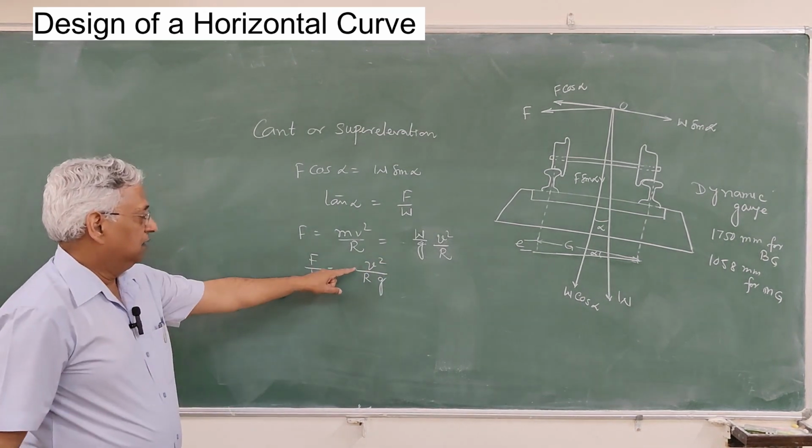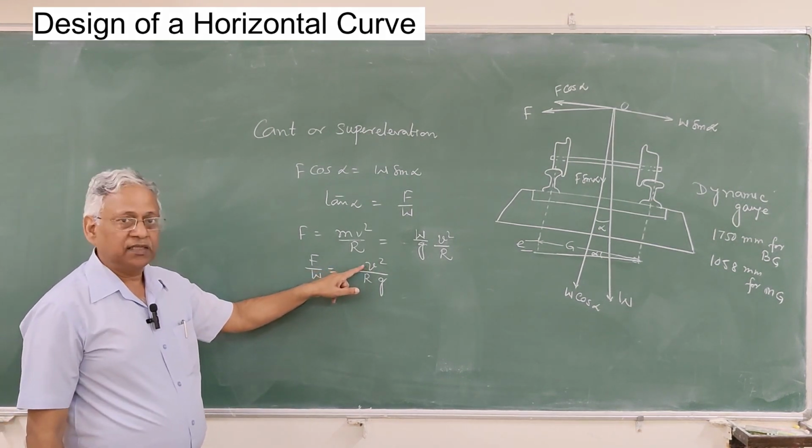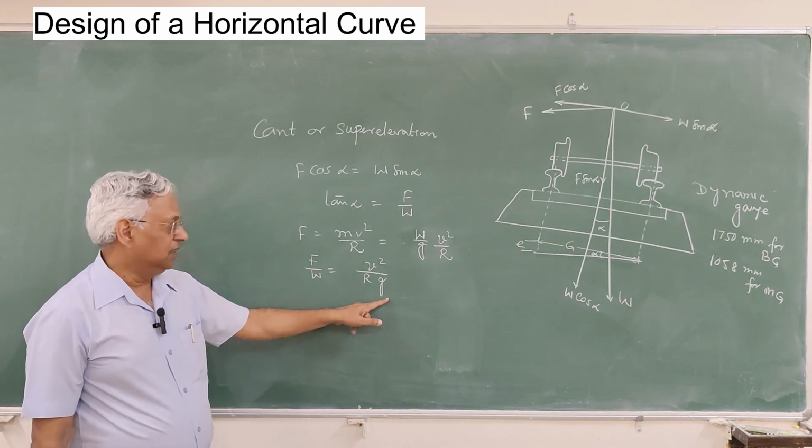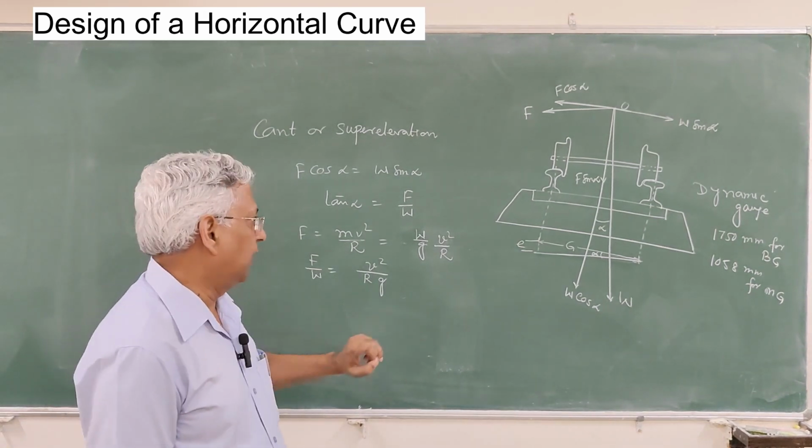Now here this speed is in meter per second, this is in meter, and this is acceleration due to gravity, that is 9.8 meter per second square.